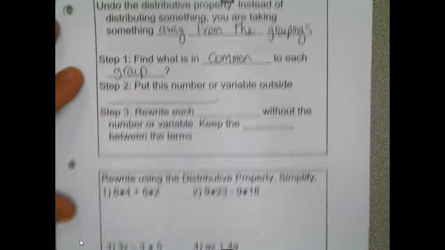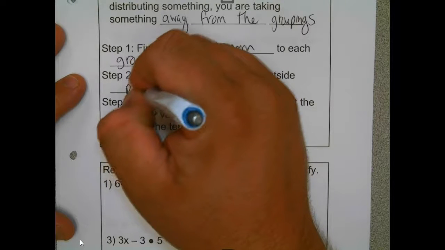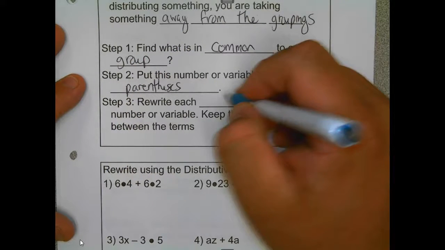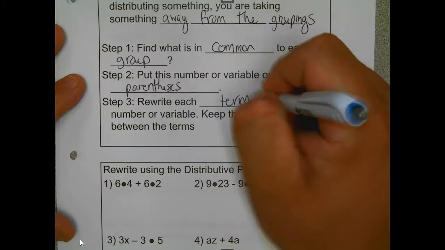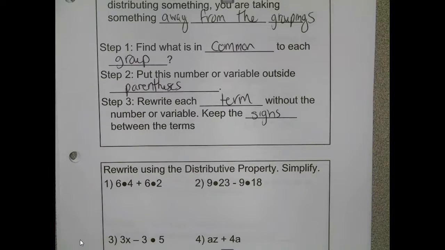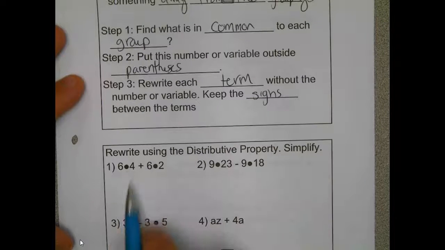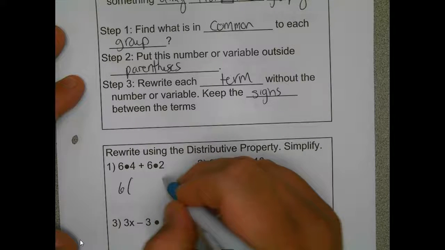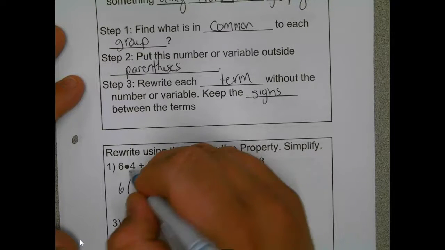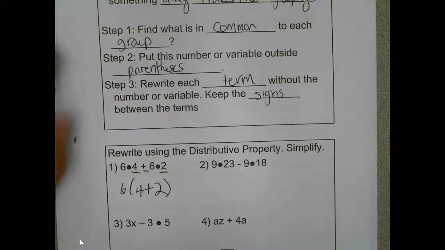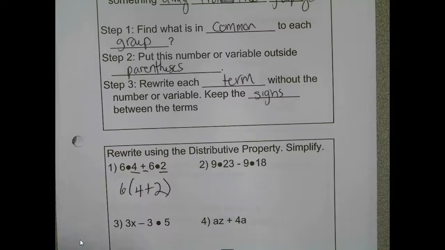Once you know what's common, you put that number or variable outside the parentheses. Then you rewrite each term without the number or variable, and you keep the signs between the terms. Here's an easy example. These two groupings both have 6. So the 6 comes out. I have parentheses, and what I have left is 4 plus 2, and that's what goes inside the parentheses. That's undoing the distributive property, or creating parentheses.